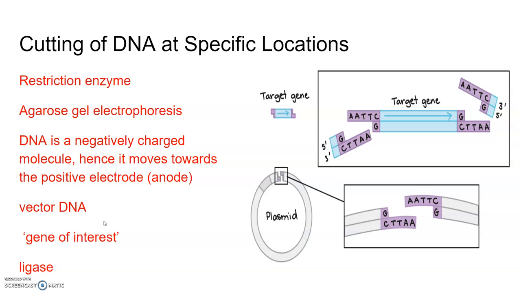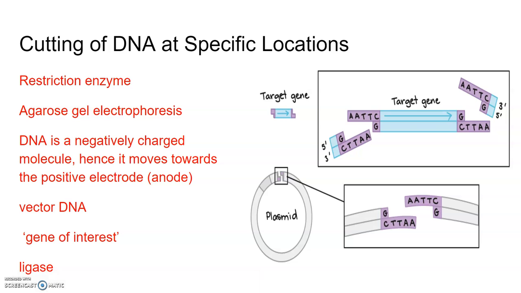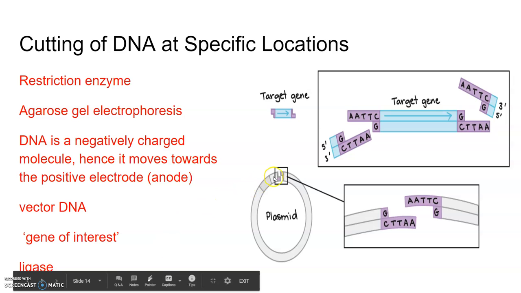Now the joining of the DNA involves several processes. After having cut the source DNA as well as the vector DNA with the specific restriction enzymes, the cut-out gene of interest from the source DNA and the cut vector are mixed, and ligase is added. This results in the preparation of recombinant DNA.